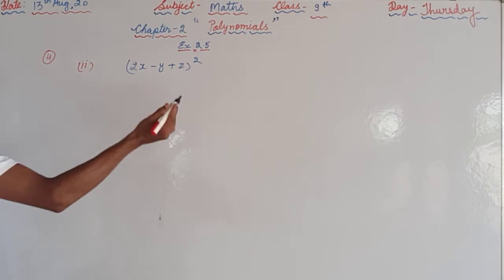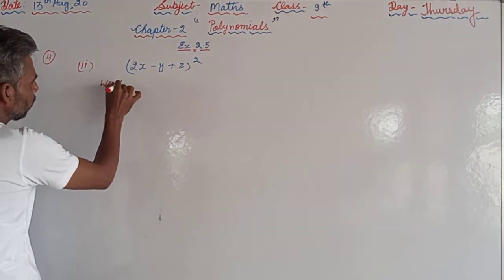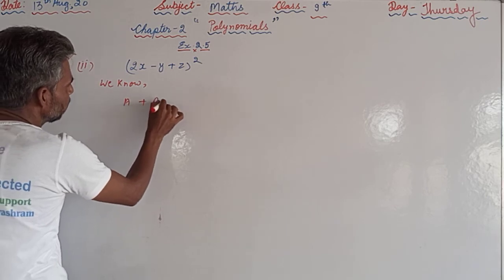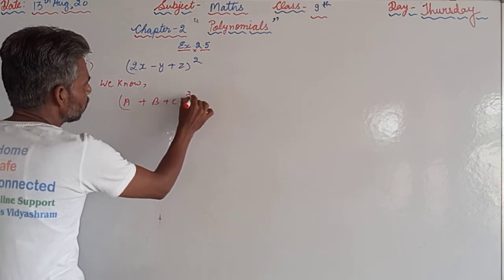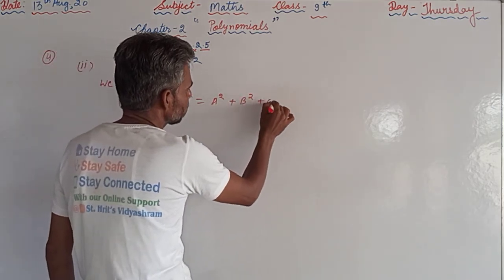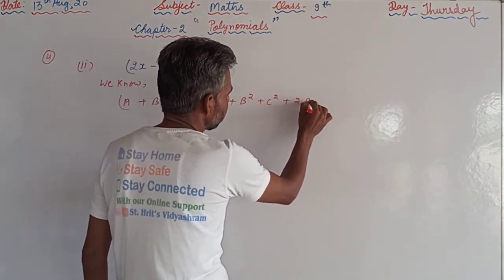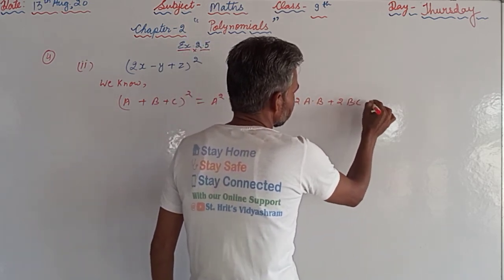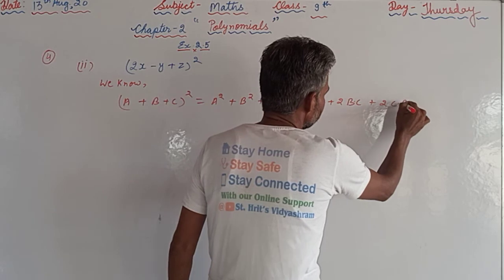Again we will remind the same identity, that is (a + b + c) whole square is equal to a square plus b square plus c square plus 2ab plus 2bc plus 2ca.